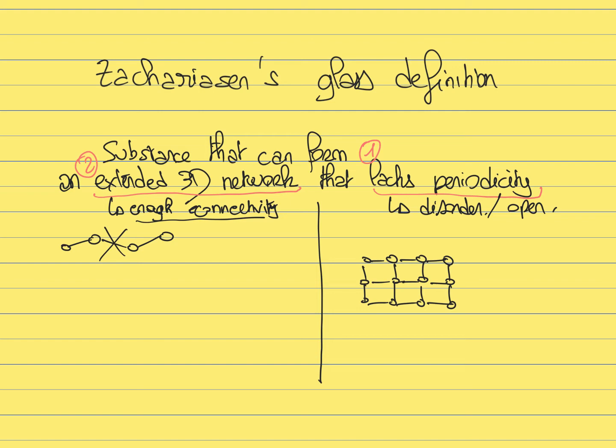Here, with such a high degree of connectivity where each atom is connected to 4 other atoms, there is no flexibility in this structure. There is no way I can move one atom without breaking some bonds. This structure is too connected. It has to remain a crystal. I cannot take one atom and move it left or right without breaking some bonds here.